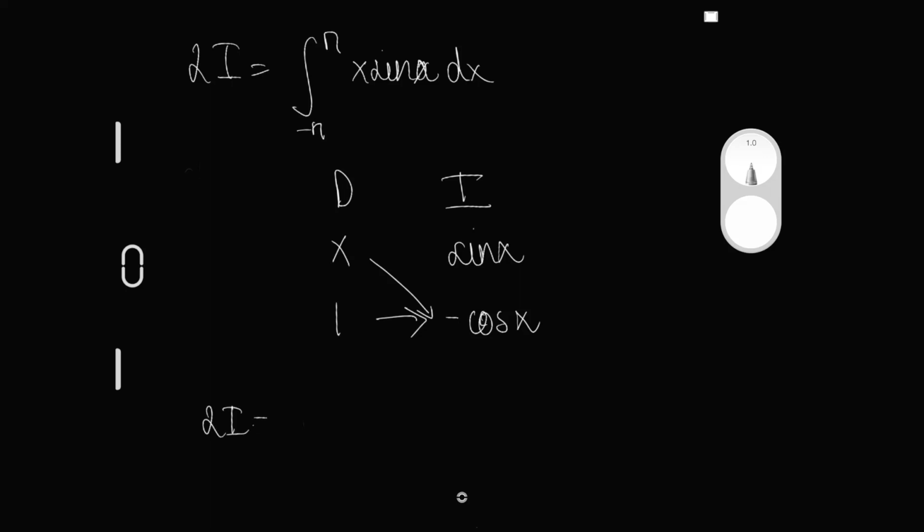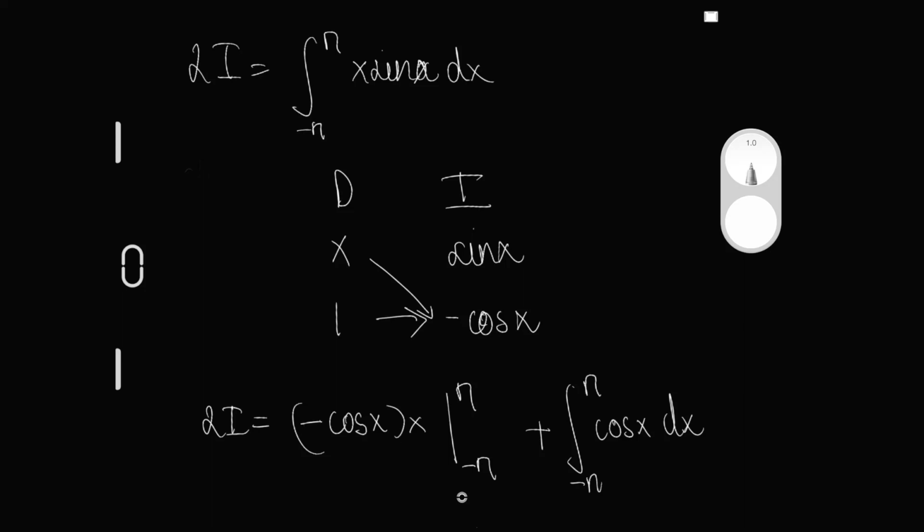It means 2I is equal to minus cos x into x from pi to minus pi, plus the integral of cos x dx from minus pi to pi. Now you can apply the limits.